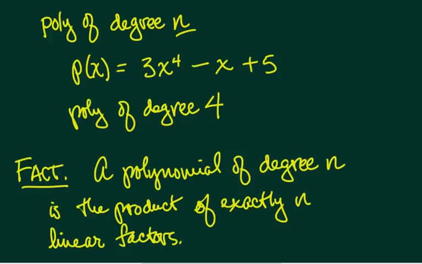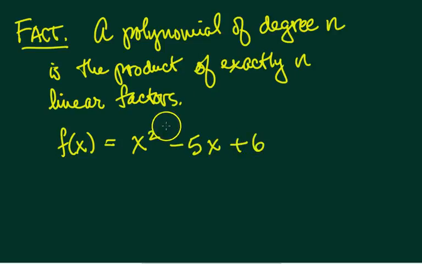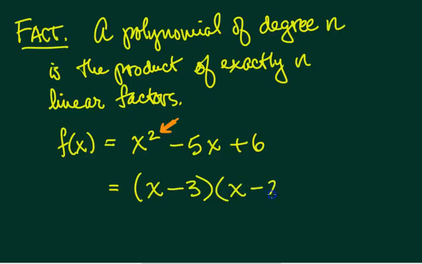So let's look at an example that is quite simple. Let's let our polynomial be x squared minus 5x plus 6. Well, we can see that it is a polynomial of degree 2 right there. And I chose this because we can easily factor this into x minus 3 times x minus 2. And we see that we have exactly 2 linear factors.